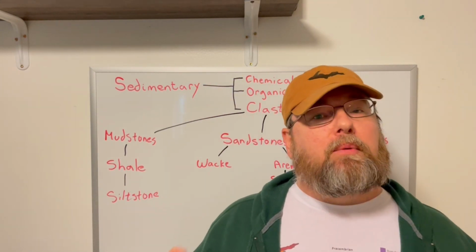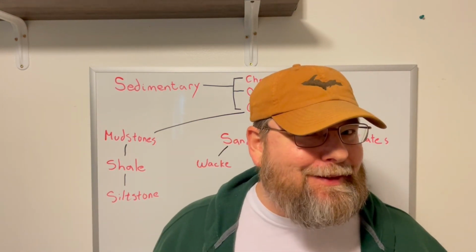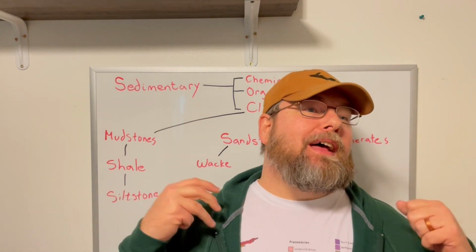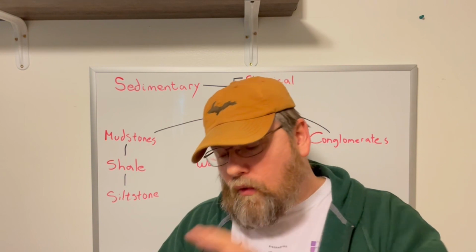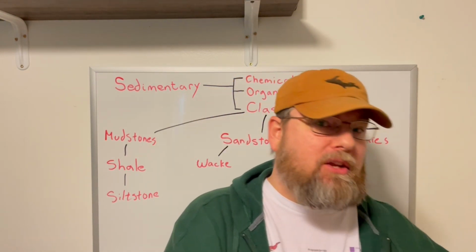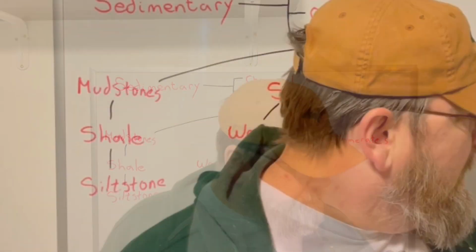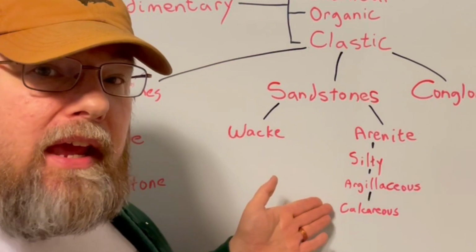Now, Erenites, we can subdivide a little further. Why? Because they're easy to see with the naked eye. And Erenites are really common, and they can help us understand things. When we pull detrital zircons to get source area and a maximum age, we usually look for Erenites because wackies are too fine-grained. But we can break out Erenites into silty, argillaceous, and calcareous.